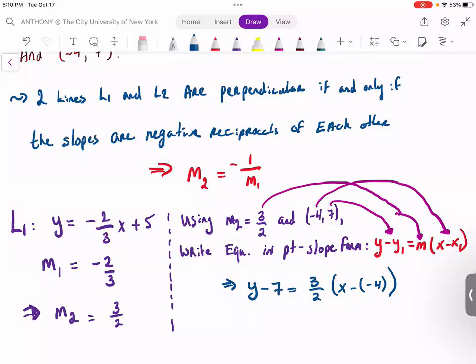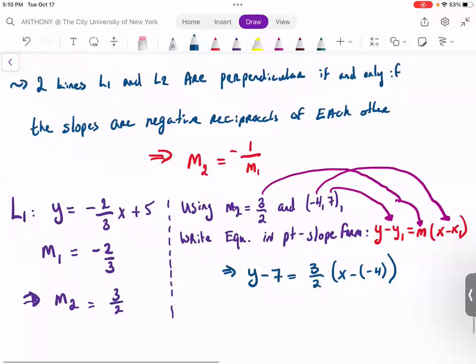Yeah, where? That's right, the negative and the negative 4. The negative and the negative 4 will become positive 4. So the point slope form of this line is y minus 7 equals 3 halves of x plus 4. All right. Now that's taken care of.